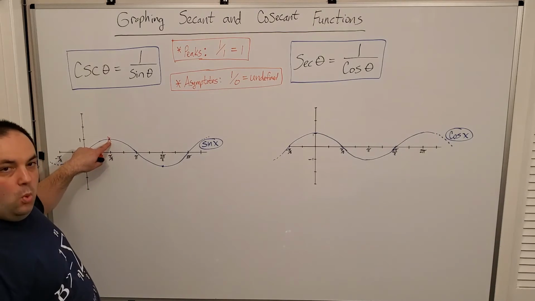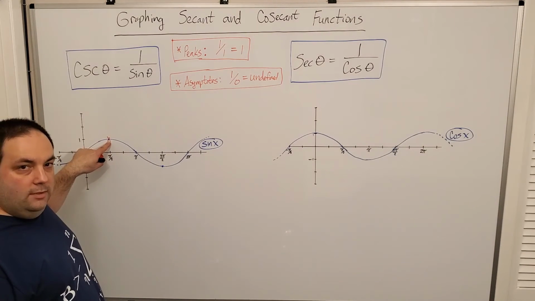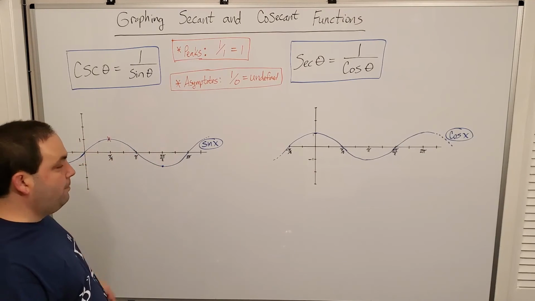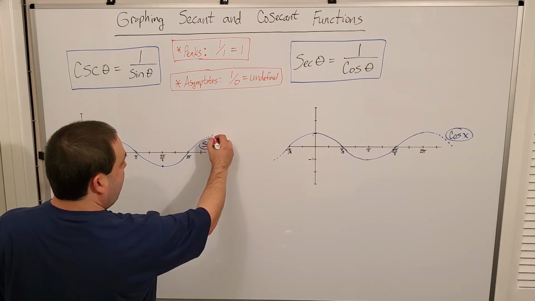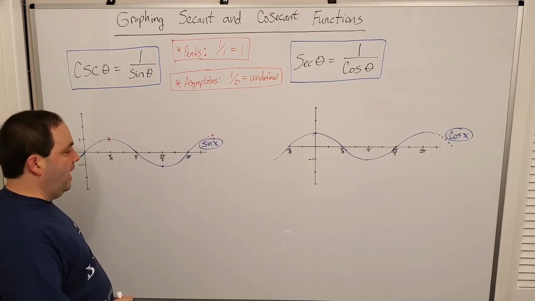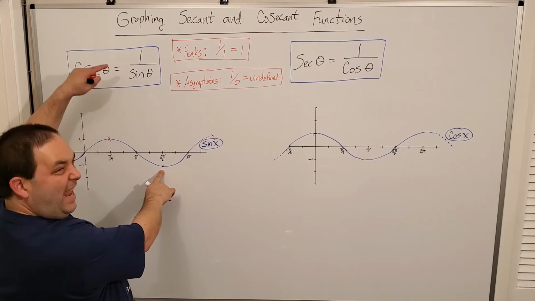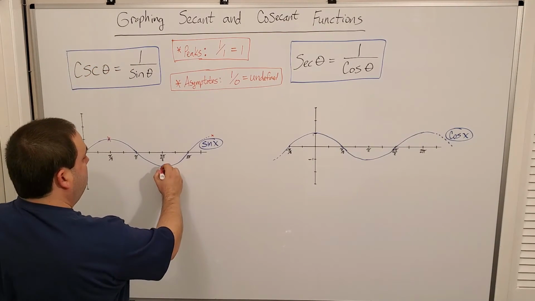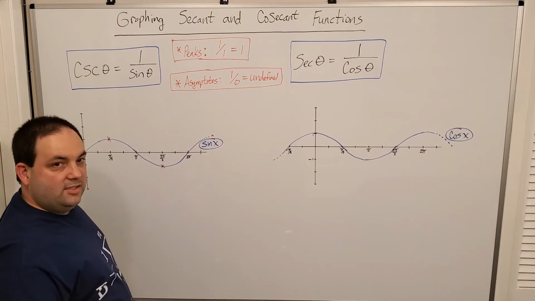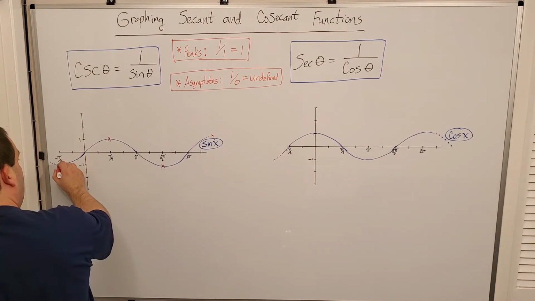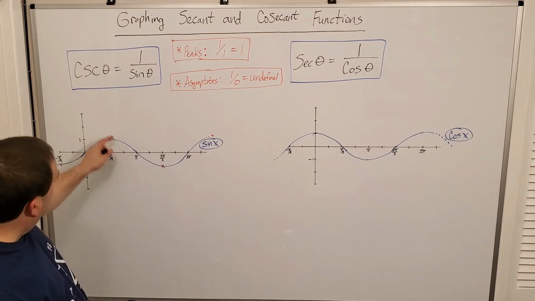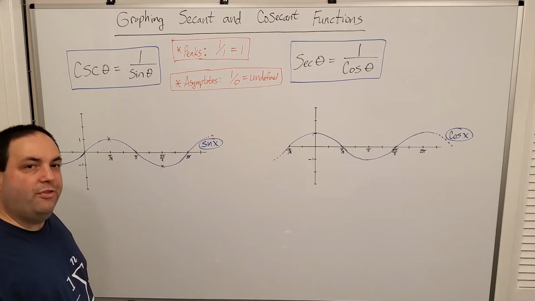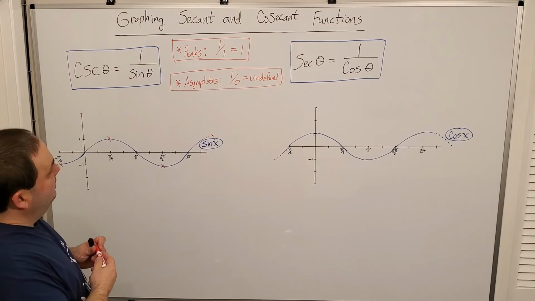Whenever sine is 1, cosecant is also 1, so they're going to share all of the peaks. Whenever this hits a peak over here, it's going to share that one. And same thing goes for negative 1. 1 over negative 1, they'll share those peaks too, so down here as well. All of those peaks are on both graphs. Next fact.